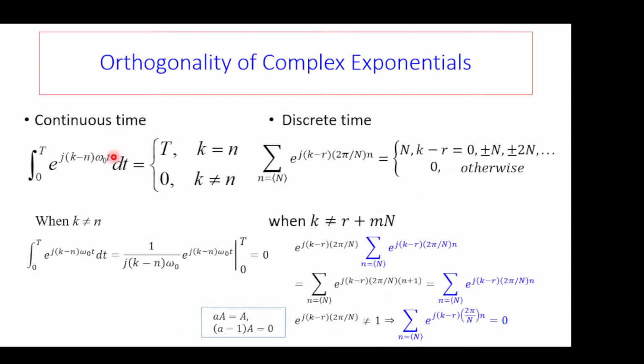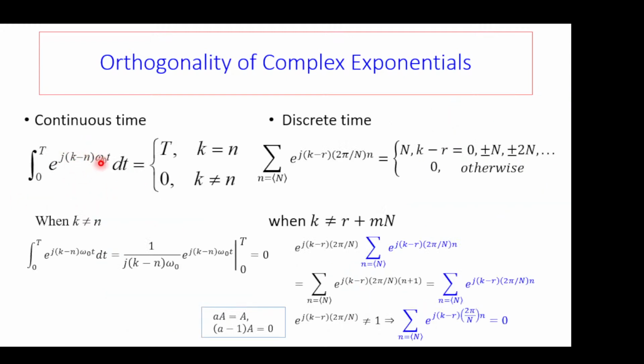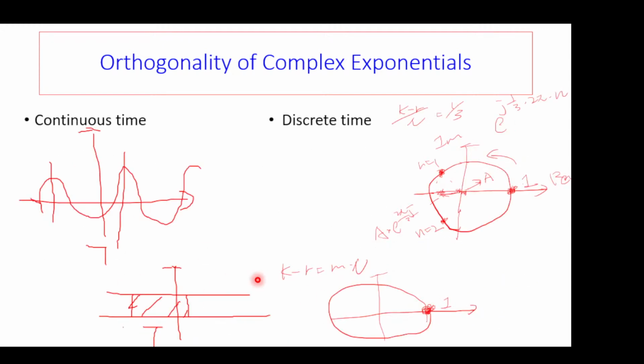You can visualize this integral as integrating a complex exponential whose real and imaginary parts oscillate up and down, and integrating over one period gives 0. But when k equals n, you are integrating the constant function 1, so you'll get something.